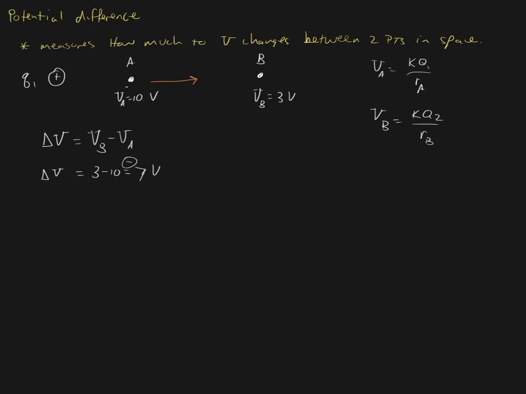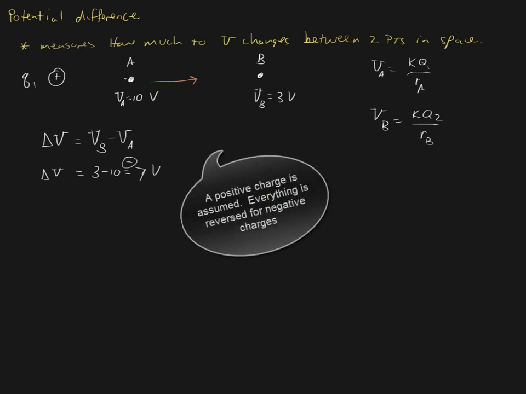And if you had actually placed a charge there as you went from A to B, then that would mean there is a loss of potential energy which was proportionate to that minus 7 as you went from A to B.